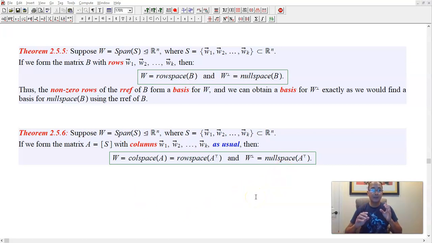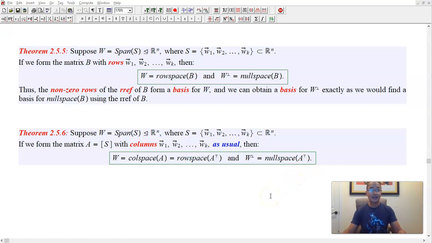If you assemble a spanning set for W as the columns of a matrix, then the orthogonal complement of that subspace has a basis which we can find using the null space of A transpose.